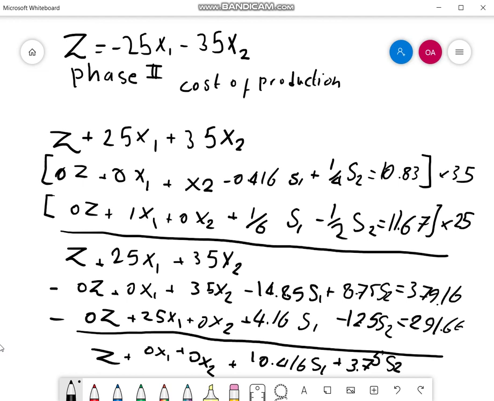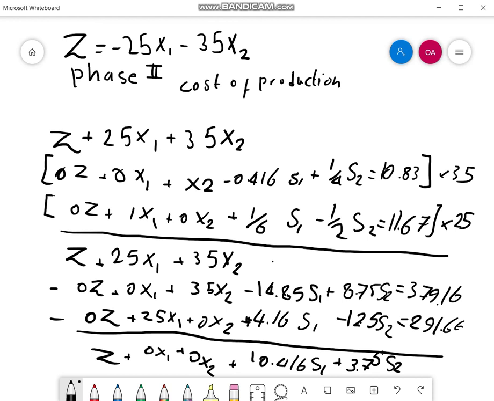Why? Because minus minus is positive, so this becomes plus 14, and plus minus is negative, so this is going to be 10.